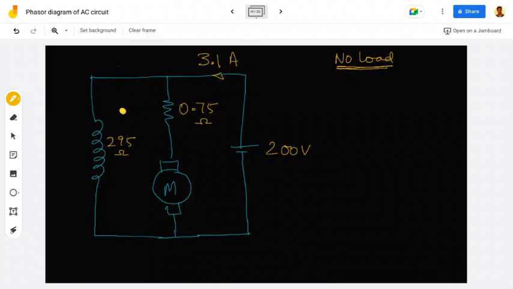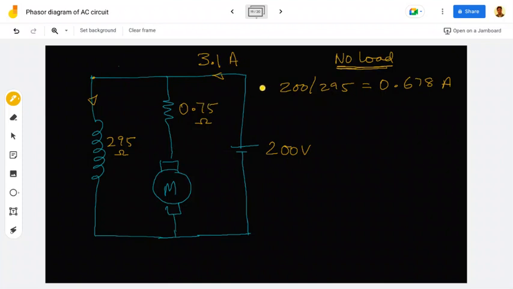Here it is 200 volts, right? So I can find this current. The shunt field current is voltage by resistance. So 200 divided by 295 is 0.678 amperes.